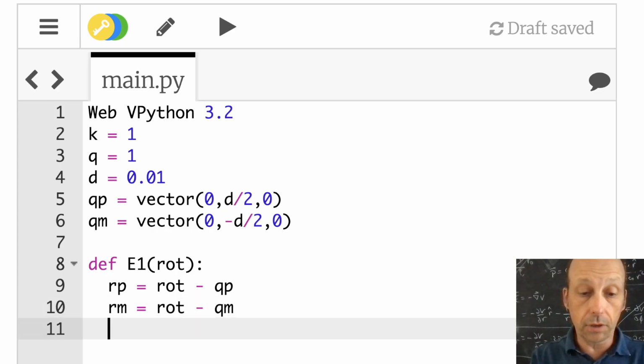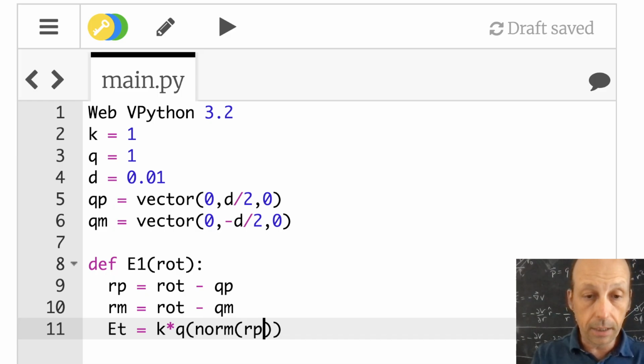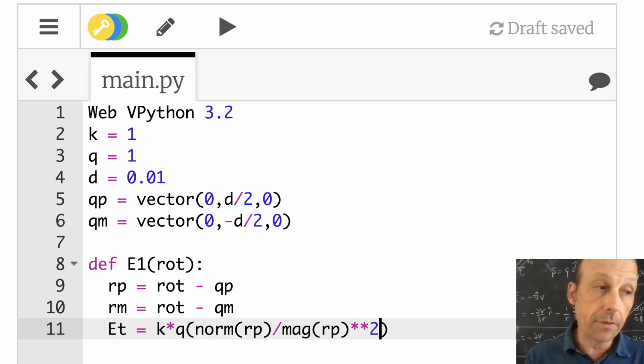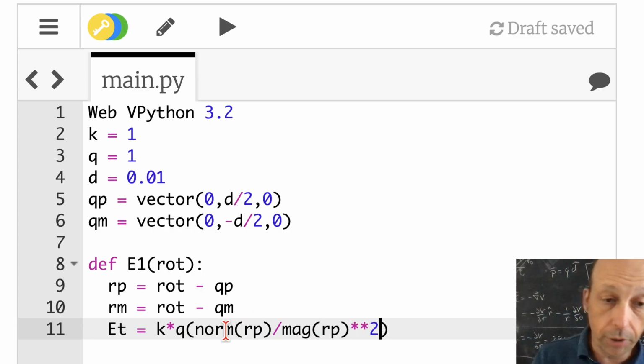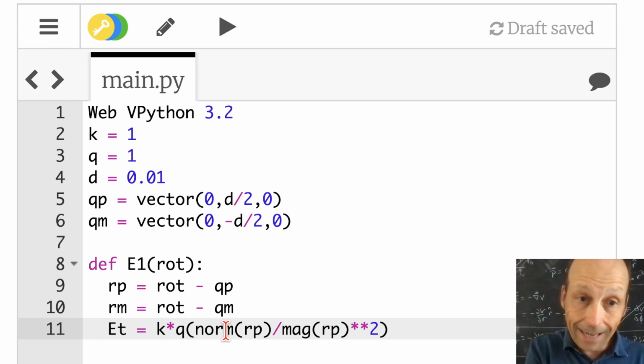Now I can calculate the total electric field. I'll do this as a temporary vector. It's going to be K times Q times norm Rp divided by mag Rp squared. Remember, this is the electric field due to a single point charge: KQ r hat over r squared.